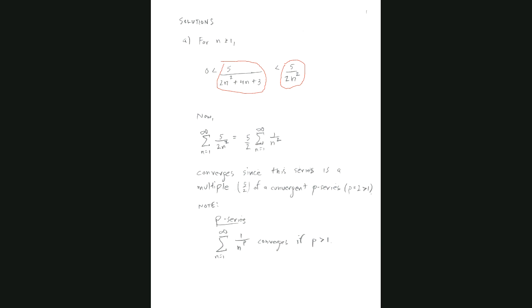Well, it turns out that if we were to consider the series where the terms of the series are 5 over 2n squared, and I'm doing that because of my inequality, naturally I can factor out the 5 halves so that the series becomes 5 halves times the sum of 1 over n squared.